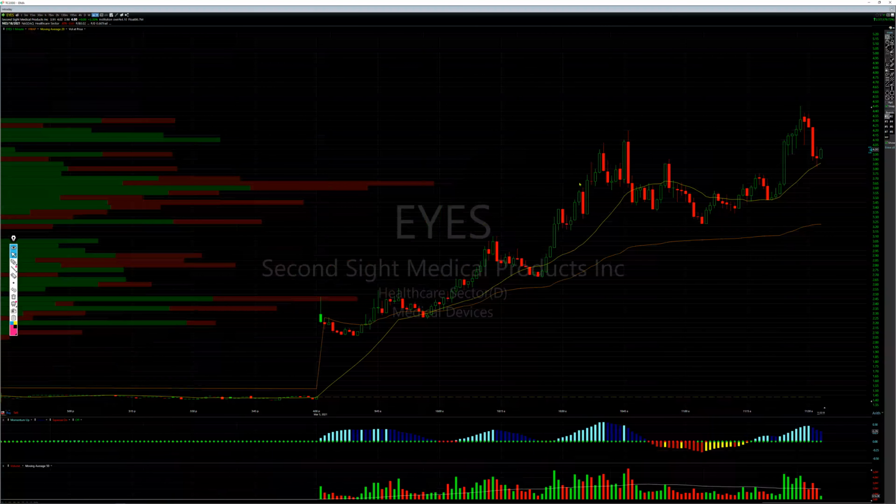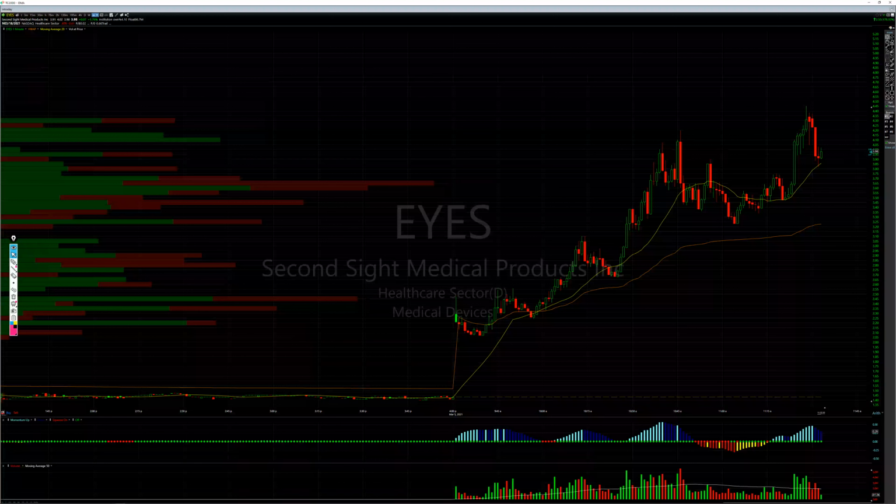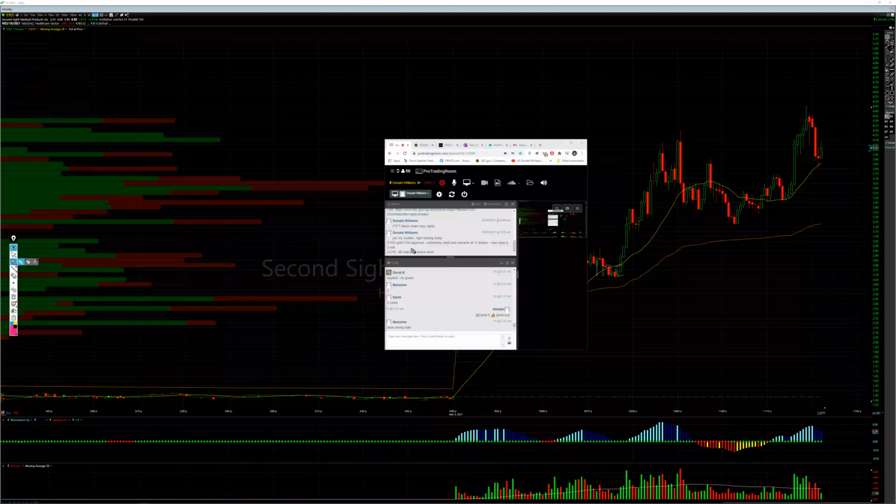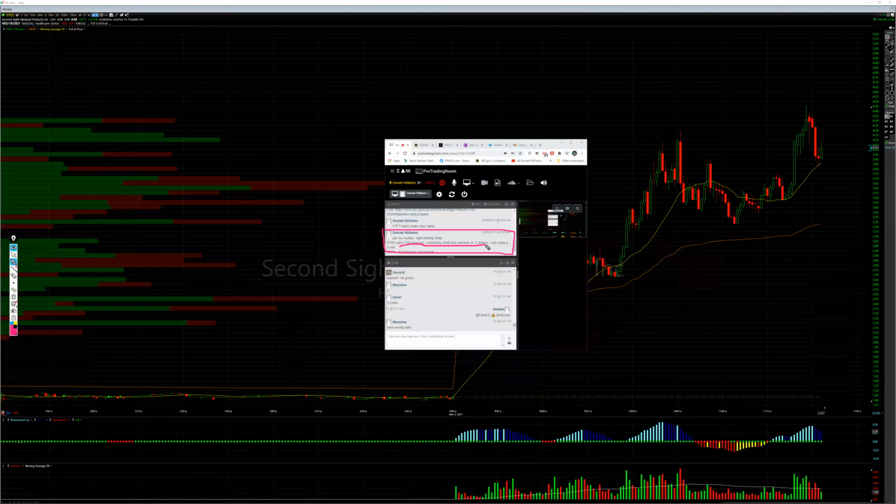And that's why, if you look right here, what did I say? EYES gets FDA approval. It's under baby shelf. Warrants at $11, not a big deal. Did I include the shelf?